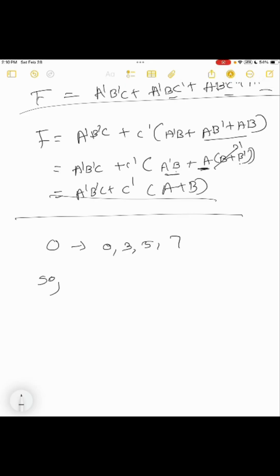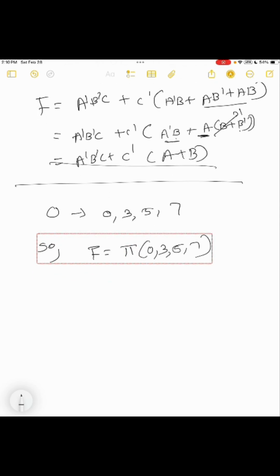So you can write f as the product over rows 0, 3, 5 and 7. Now I will write each maxterm. The rule for maxterms is: if the input bit is 0, use the variable uncomplemented, and if it is 1, use the variable complemented.